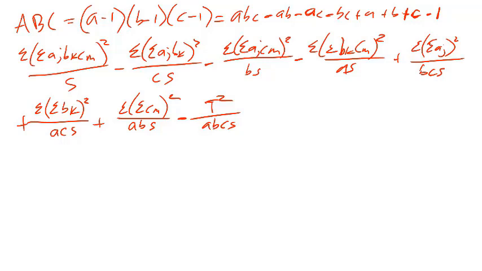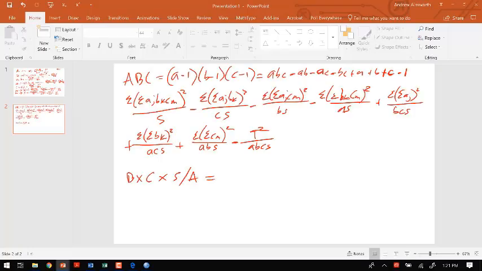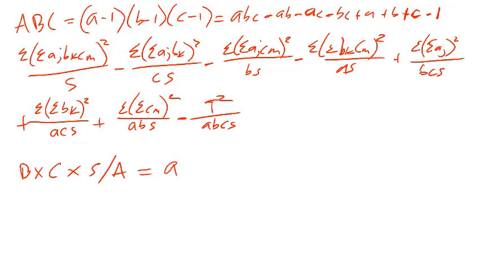Okay? So B by C by S with an A. Whenever you see the B by C by S within the A thing, bring the A outside, and then you're going to have B minus 1 times C minus 1 times S minus 1.